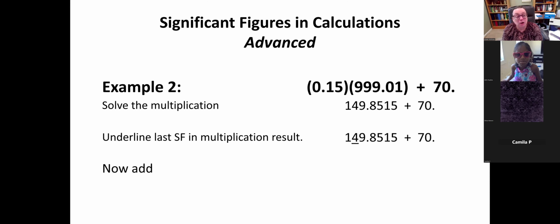Now we're going to add. For adding, we have to think about the position, where the significant figure is. So let's look at this number with all of its nonsense here that we just underlined the 4 in. What position is the last significant figure in?